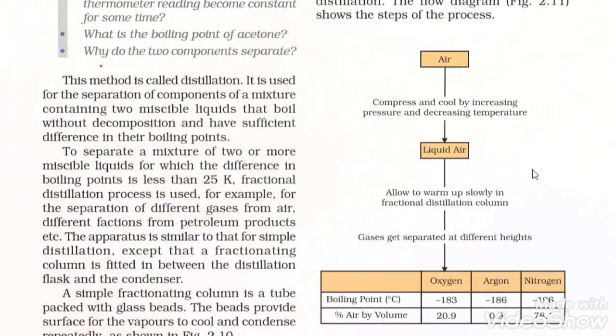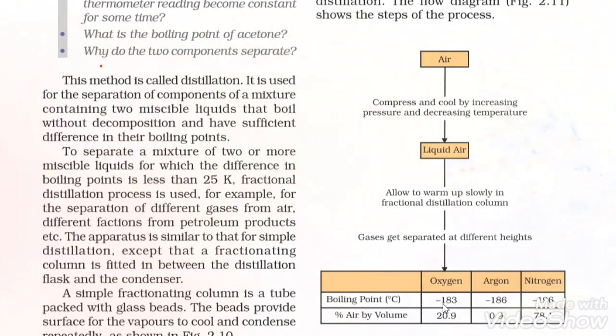air are obtained. We have discussed earlier that fractional distillation works on the difference in boiling temperature of different components of a mixture. Here air is a mixture which has different gases like oxygen, argon and nitrogen, and these three gases have different boiling temperatures.